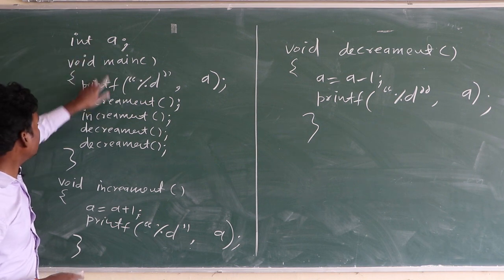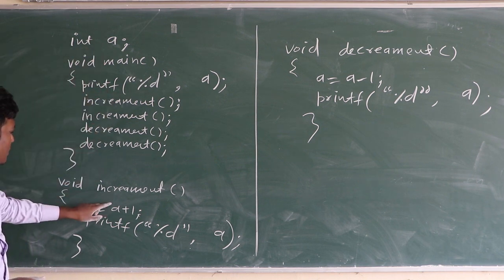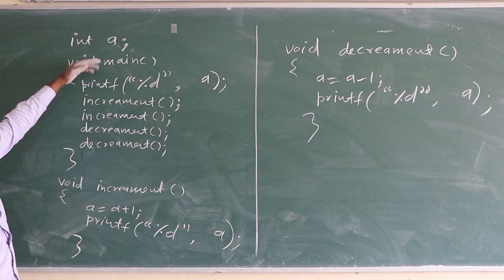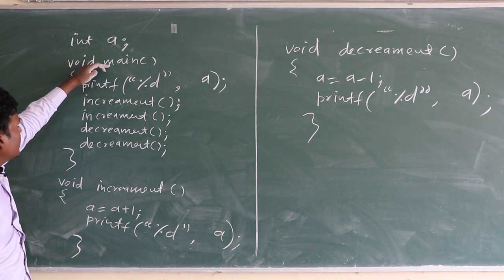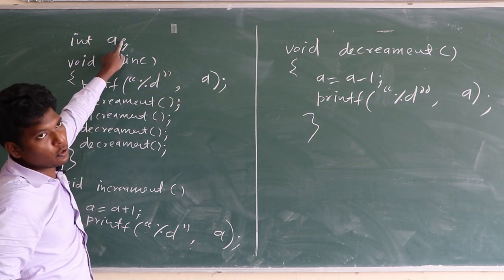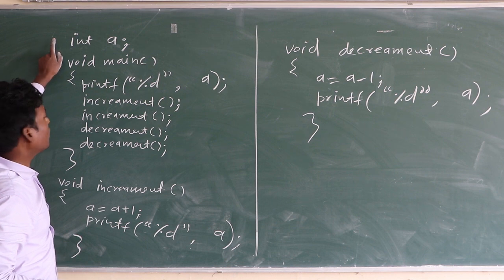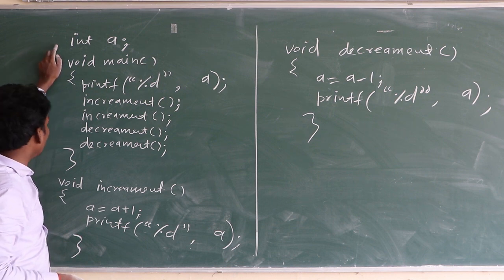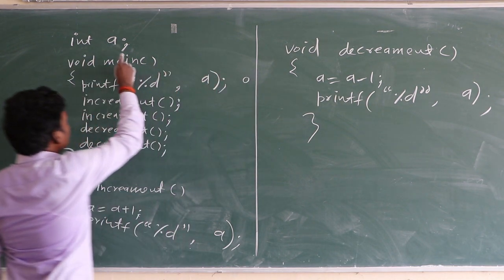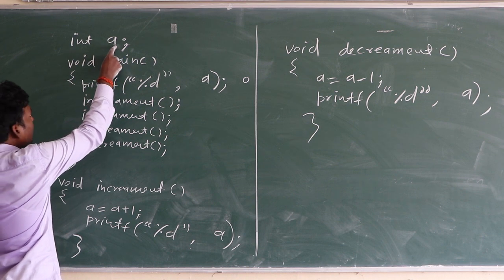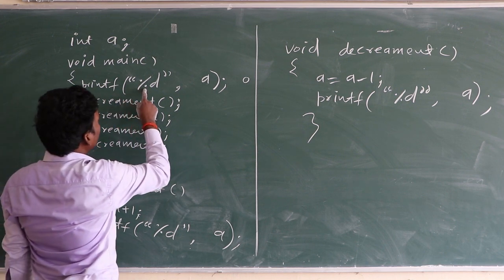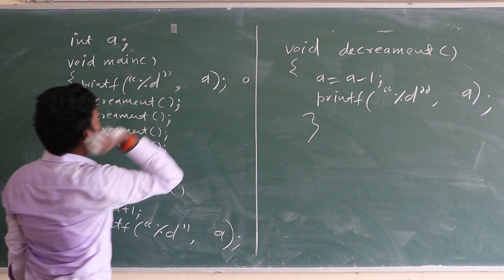Program execution starts with main, so at printf %d a, a has default value 0 because it is global, an external storage class. So 0 is printed here.